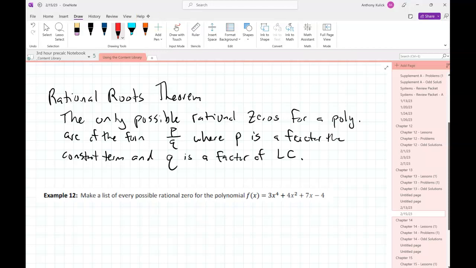What's my constant term for this polynomial here that I've written? So what are my factors of 4? Well, plus and minus 1, and plus and minus 2, and plus and minus 4. Everybody agree? What's my leading coefficient? 3. What are my factors of 3?